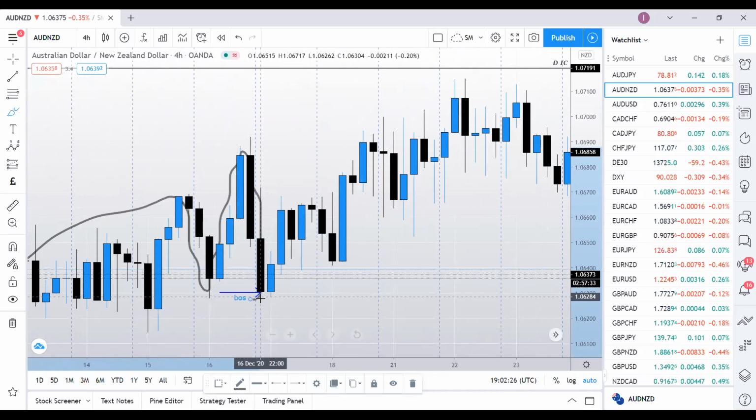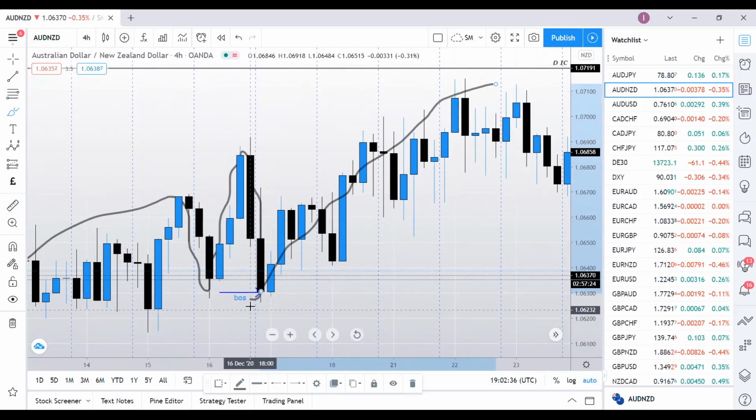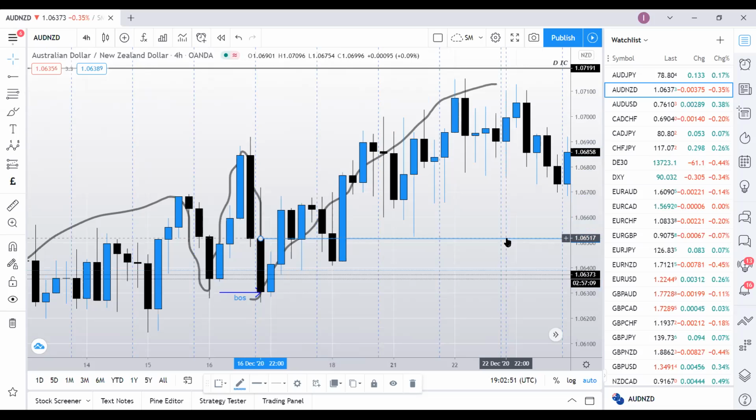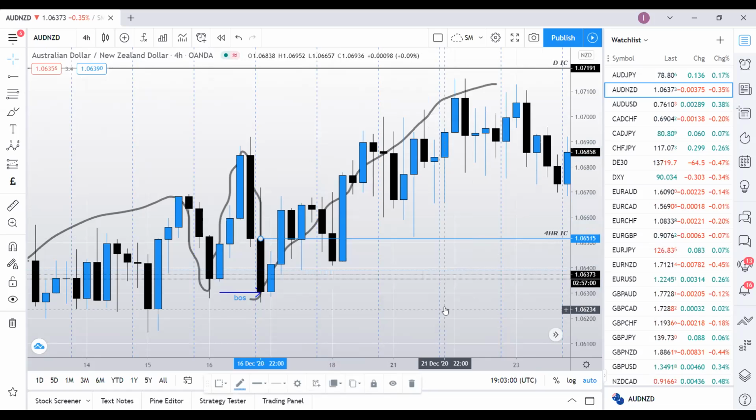This should be on the way down, but it broke the structure again on the upward side. This candle was responsible for moving it up. Once you've identified which candle did that, you just mark it out. This is the 4-hour IC. Does that make sense?